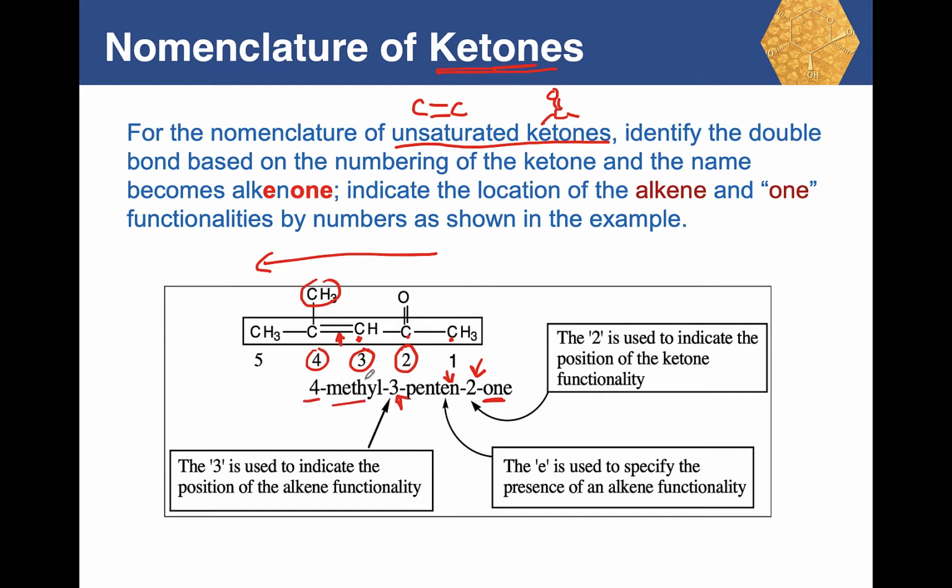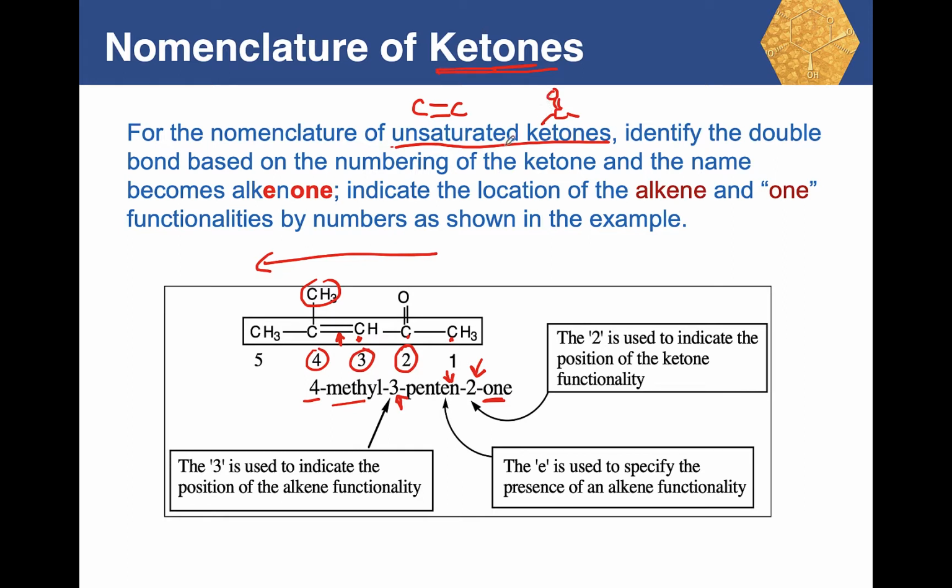Quite a lot. So let's review this, and then we look at some examples on the next slide. So once again, if you have a difunctional molecule where it's unsaturated, where you have a carbon-carbon double bond, and also a ketone carbon-oxygen double bond, how do you name it?